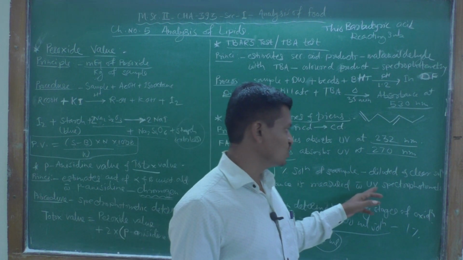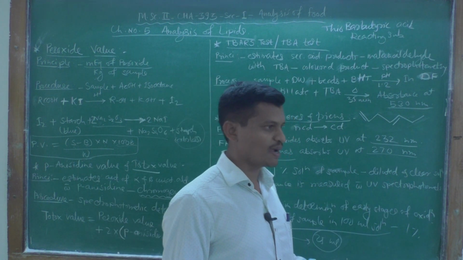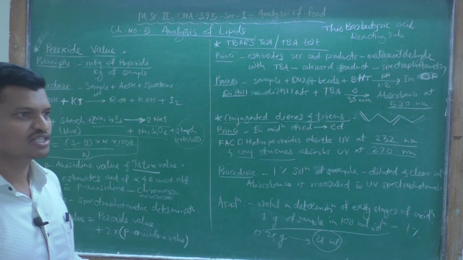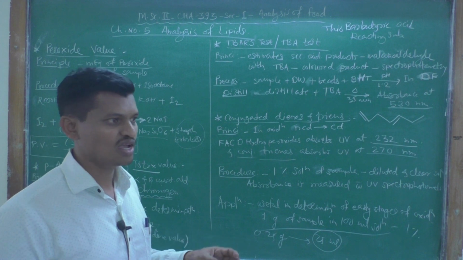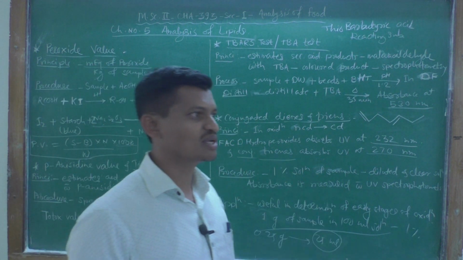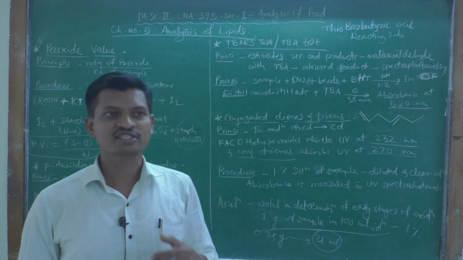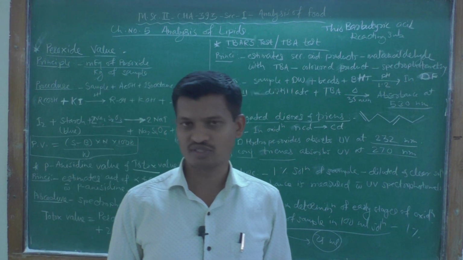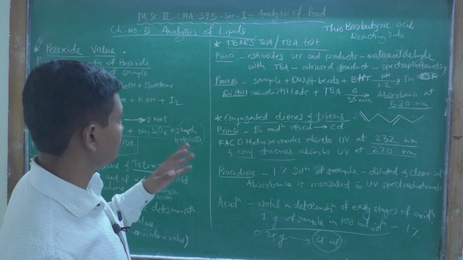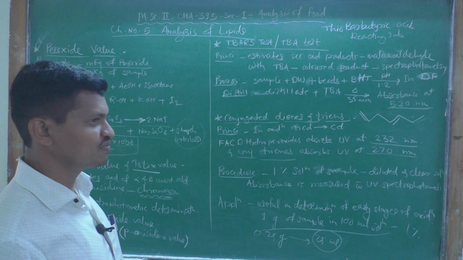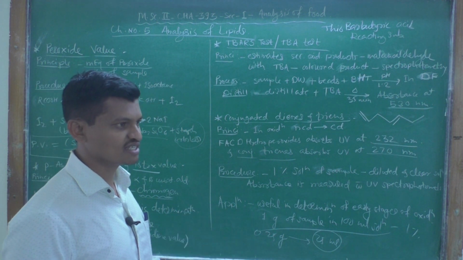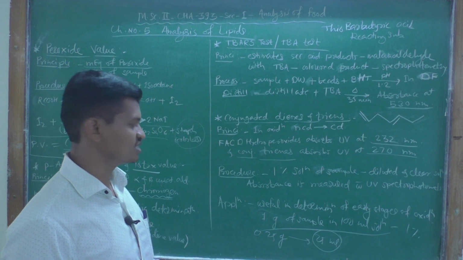So this is a simple method for the determination of conjugated dienes and trienes. These are utilized to determine the secondary oxidation products of lipid oxidation, and they are related to the characterization of different components of lipid samples.